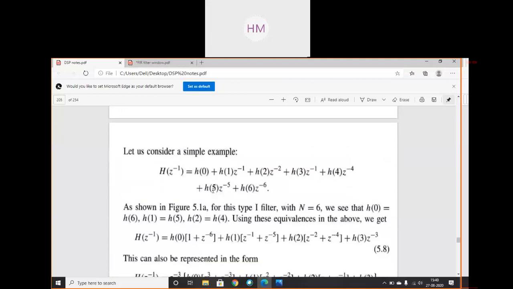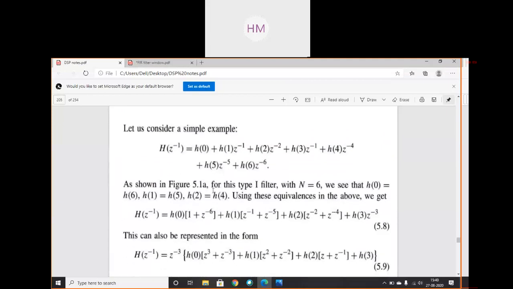This is the example given to you: when N is even, N is 6. Okay, so what will the equation be? How many coefficients will we have? 6 coefficients: h(0) + h(1) + h(2), 3, 4, 5 and 6. For this type 1 filter with N = 6, we see that h(0) is equal to h(6).